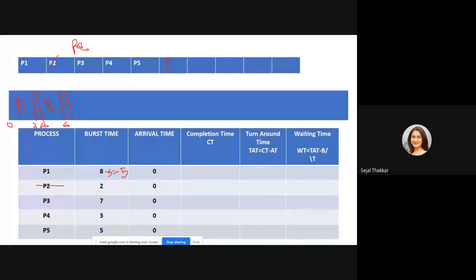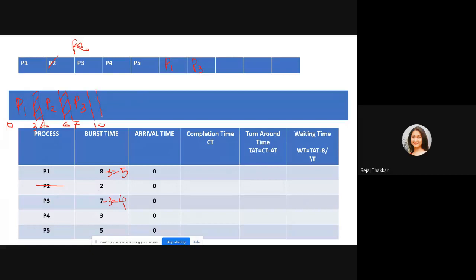So at time 7, P3 will start its execution, 3 units of P3 will execute, and at 10 P3 will preempt and go back to the ready queue with 7 minus 3 equal to 4 burst time. Now the current burst time of P3 is 4. So this is called context switching.